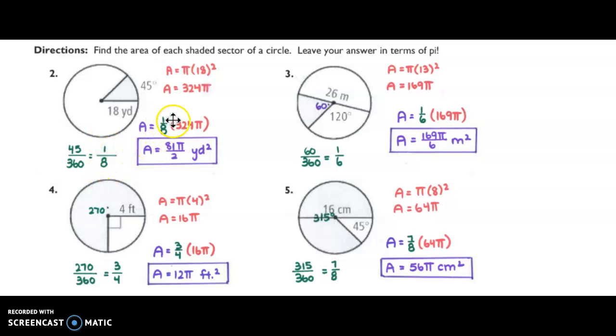So 1/8 times the area of the circle, which is 324 pi. Now it says leave your answers in terms of pi, meaning you should have pi in your answer. We're not going to multiply 81 times pi divided by 2. We're just going to leave it as 81 pi over 2.